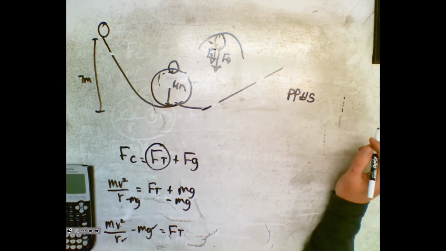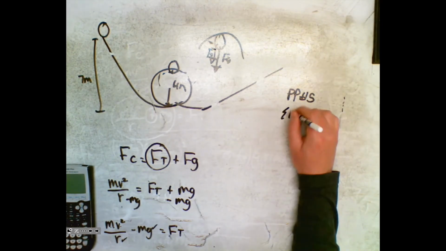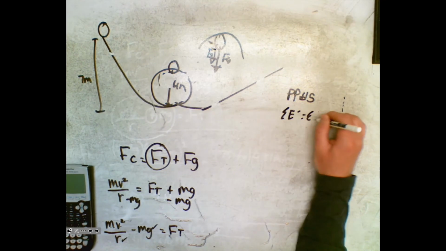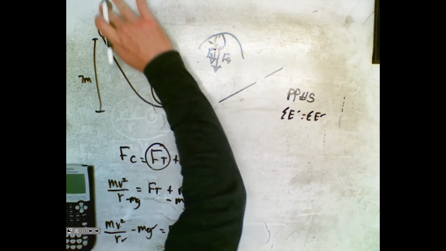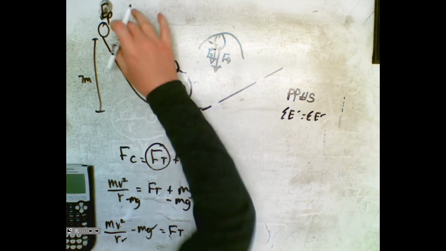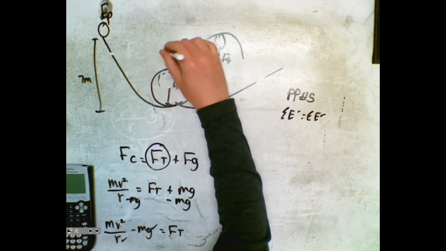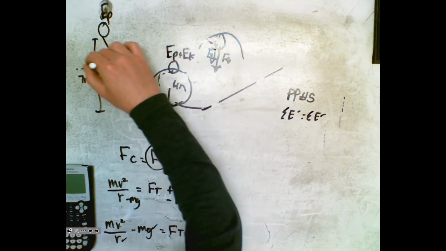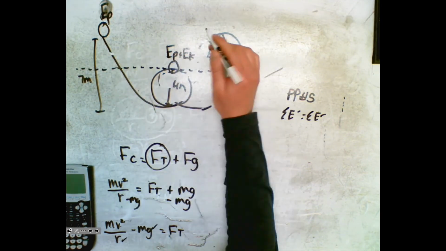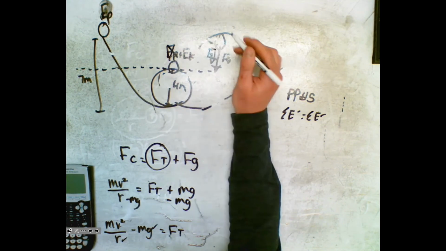Remember, with our law of conservation of energy, our energy before equals our energy after. Up here we have potential energy, and then here we're moving, so we have potential and kinetic. But if we move our reference point to here, then we get rid of the potential.